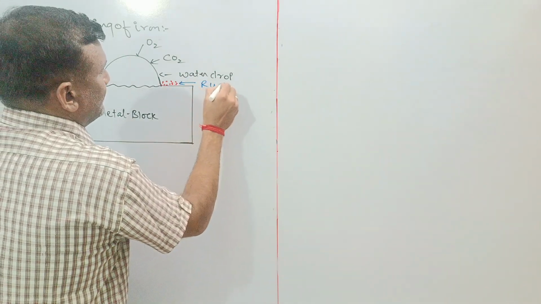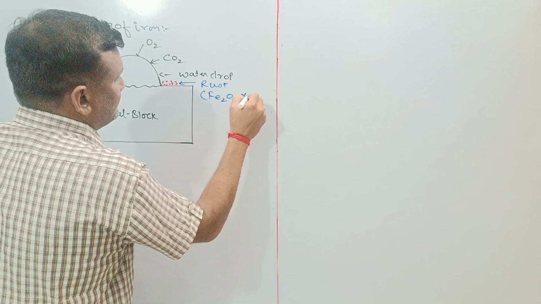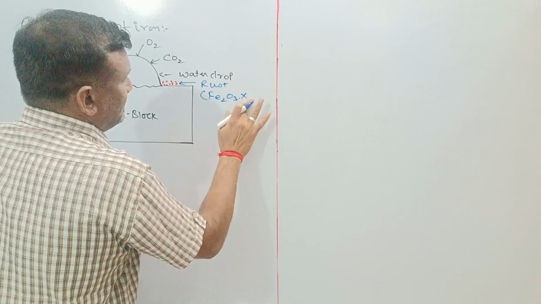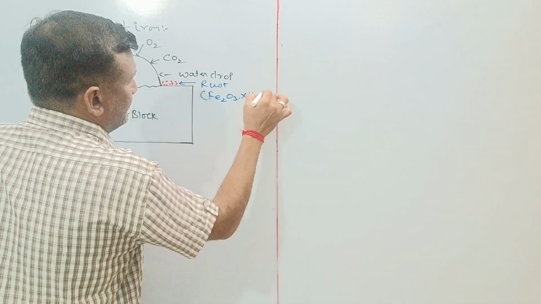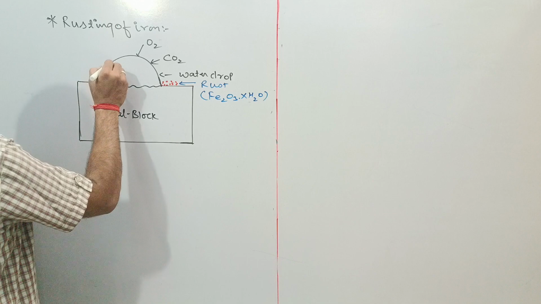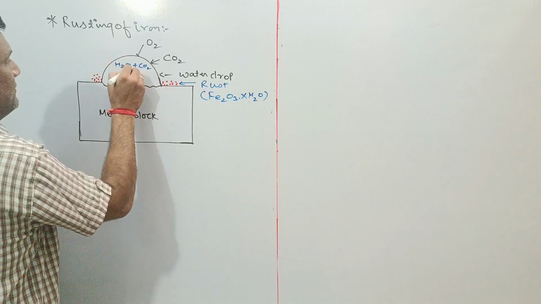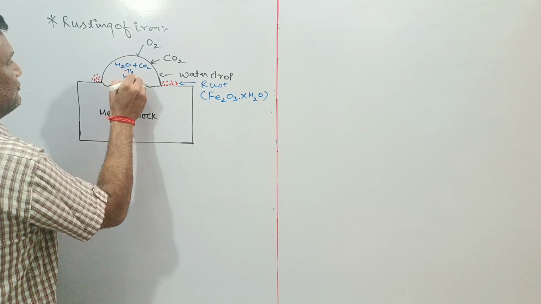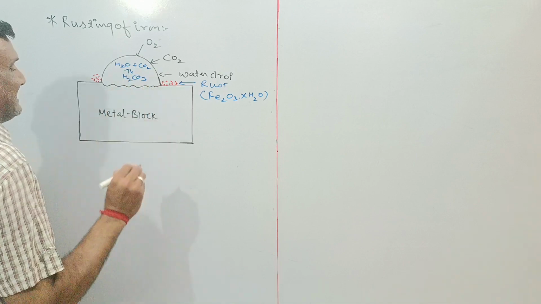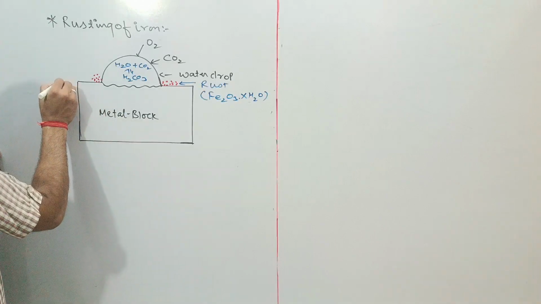The formula for rust is Fe2O3.xH2O. And here H2O will react with CO2 to form H2CO3, carbonic acid, which acts as an electrolyte. And this is the metal surface.